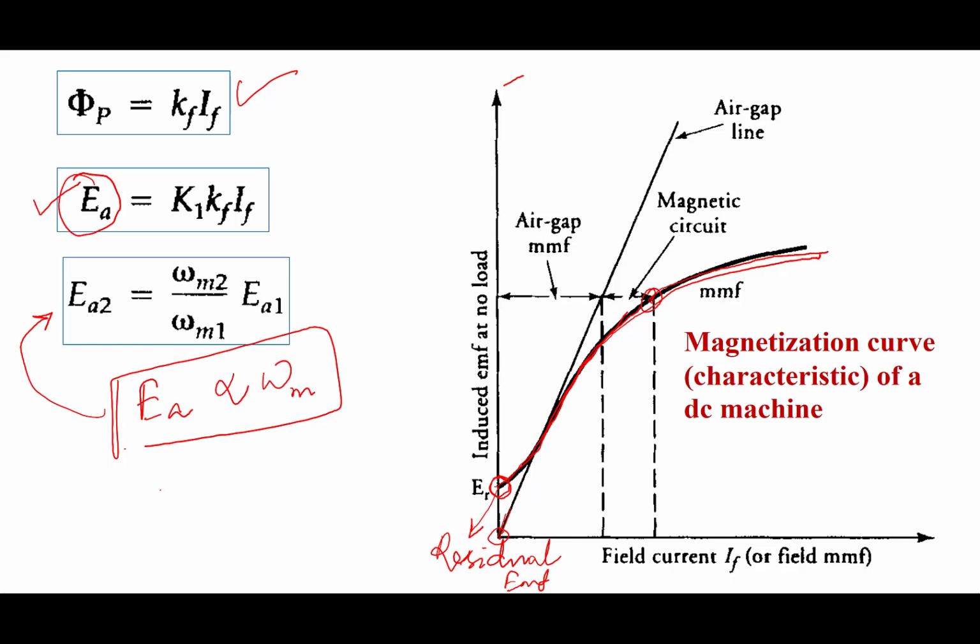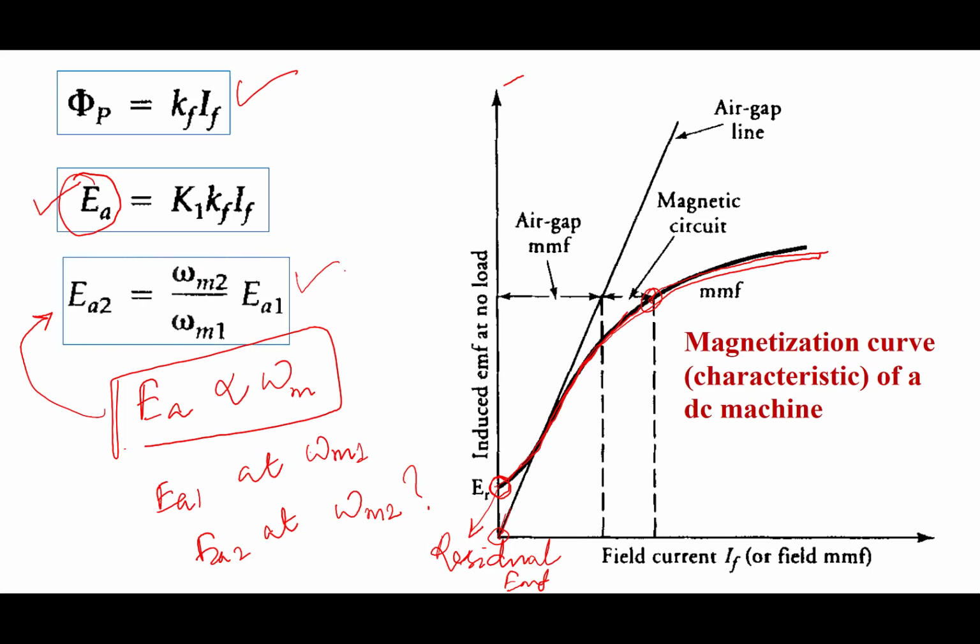Suppose EA1 at omega M1 is given to us. Now if I ask you to find EA2 at omega M2, you can find it using this formula, because they are directly proportional. The EMF is directly proportional to the speed. So we got this kind of relation from this magnetization curve.